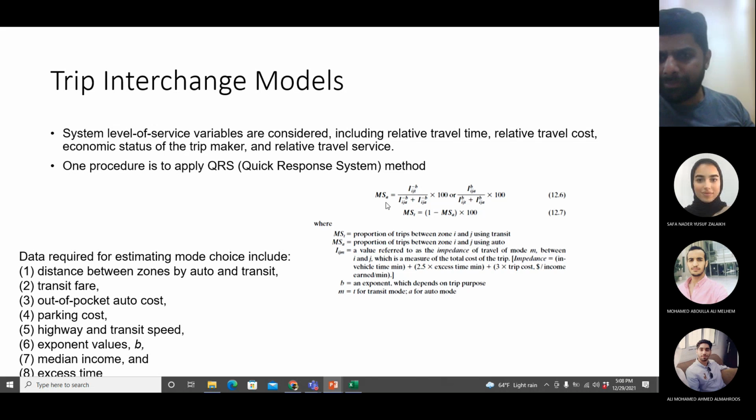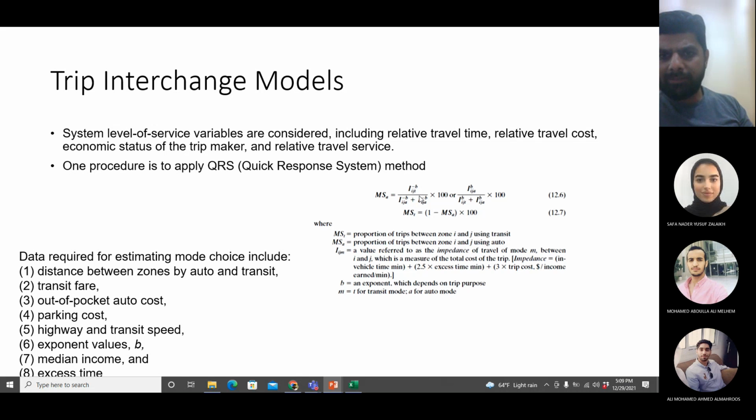As I said, you can replace them with anything. It can be auto and bicycle, or bus and walking. Any two choices. So these are the two equations. This one is giving you the proportion of trips which are using auto, and this is giving you the proportion of trips which are using the transit service.